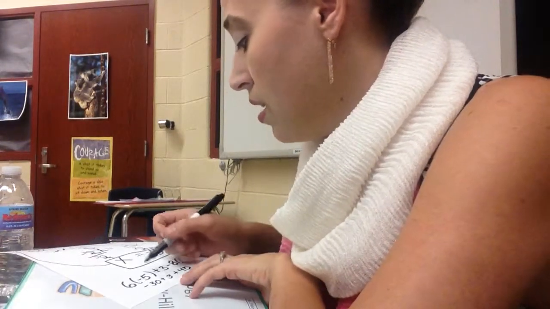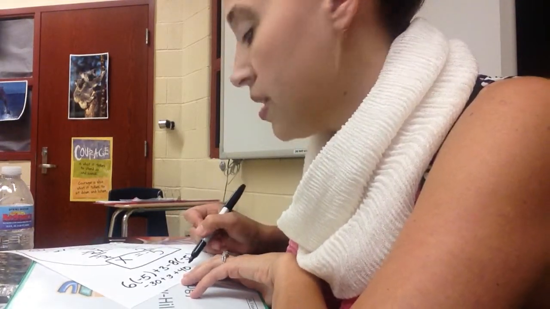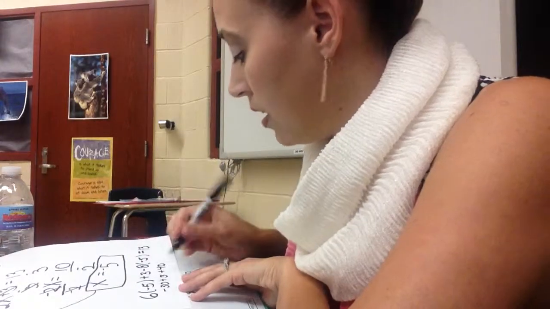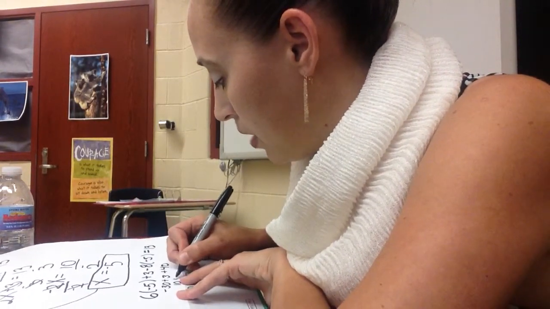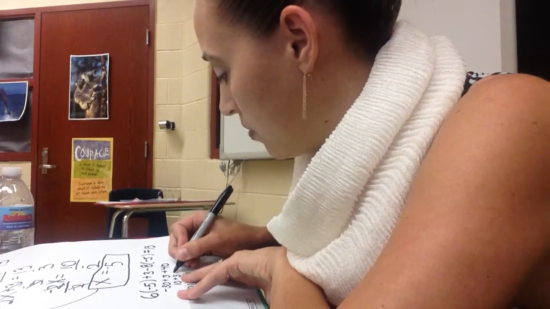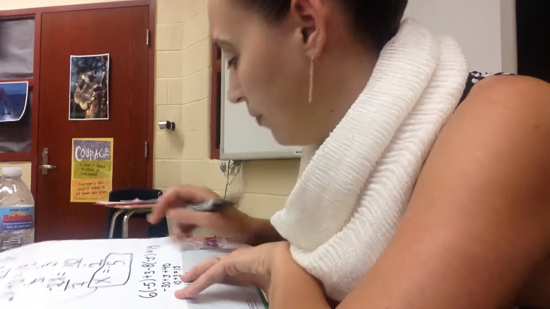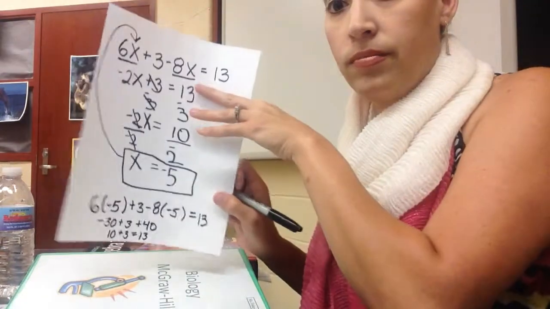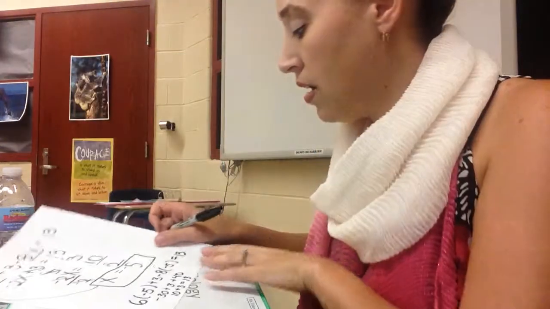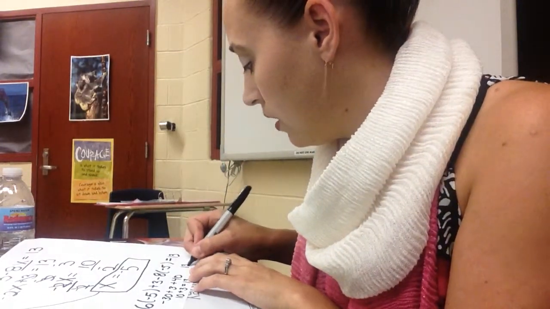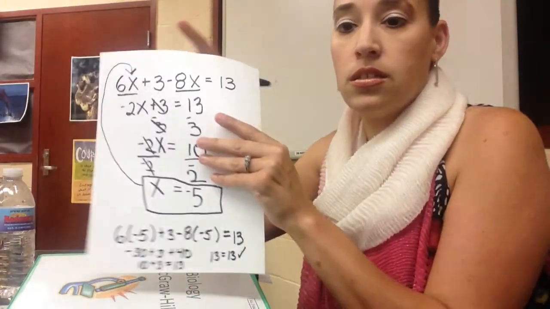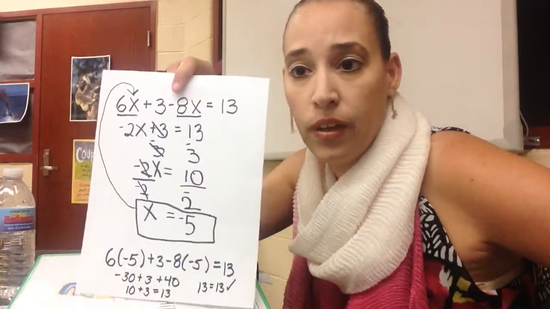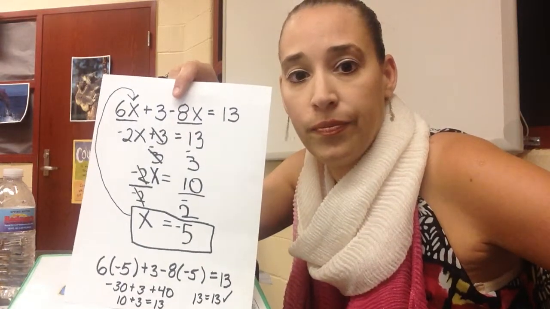Negative 30 plus 40 gives me 10. 10 plus 3 gives me 13. Now check it: does 13 equal 13? It sure does. So I know I'm correct.